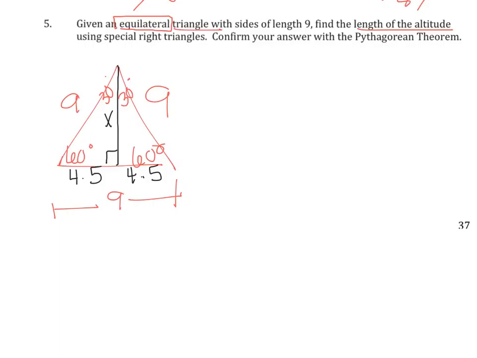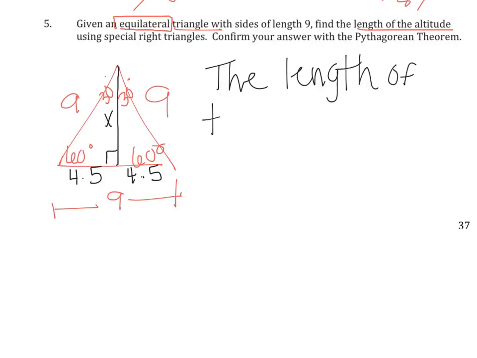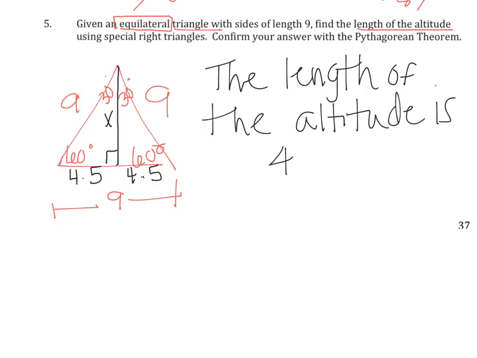So that means the length of the altitude, which is opposite the 60-degree measure, is 4.5 times a radical 3. Okay, and that's just using special right triangle values.